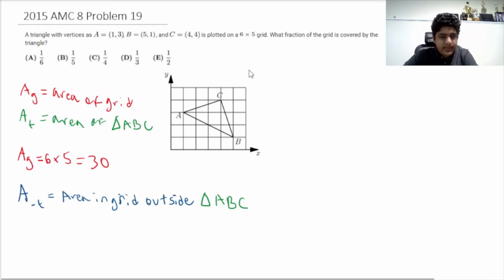Alright, so let's first shade in some areas. So the total grid is just red, but we don't really need to shade that in. So the blue area will be all of these parts.